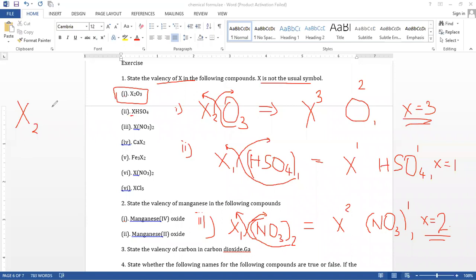Okay, thank you very much, Mary. That is why, I don't know if we have that example there. Yes, we have that example in these numbers. That's why we say you have to first be sure of the valency of the radical. Like here we have a nitrate as 1. You first have to be sure that it is correct. If you have the valency of a hydrogen sulfate as 1, we are sure now that it is 1.